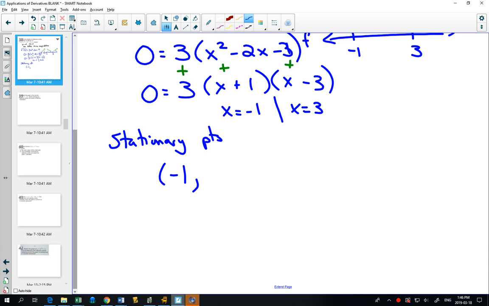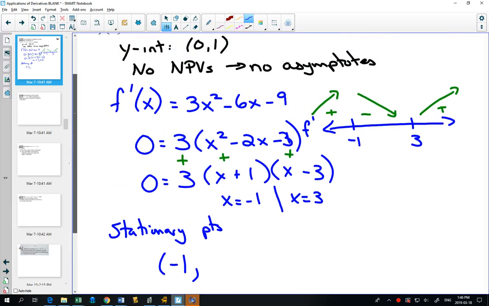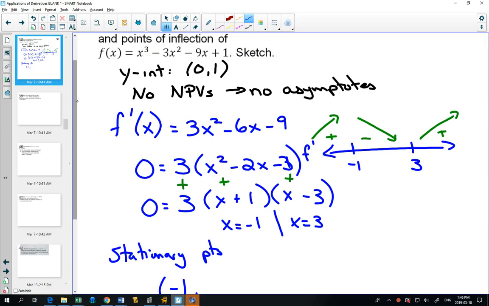First one, negative 1, comma. Now, to find the actual value of your stationary point, you're finding an actual value on your original graph. We always plug that value back into our original equation. So my original equation, 3x cubed minus 3x squared minus 9x plus 1. If I plug in negative 1 into that, I'd get negative 1 cubed minus 3 times negative 1 squared minus 9 times a negative 1 plus 1.